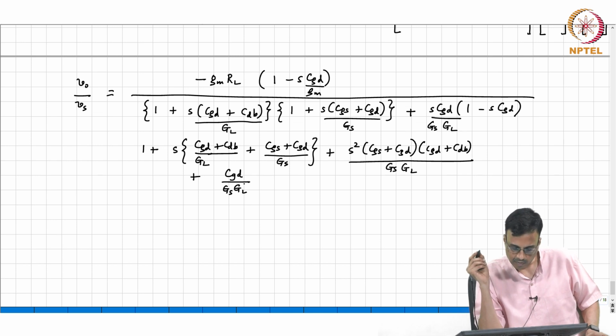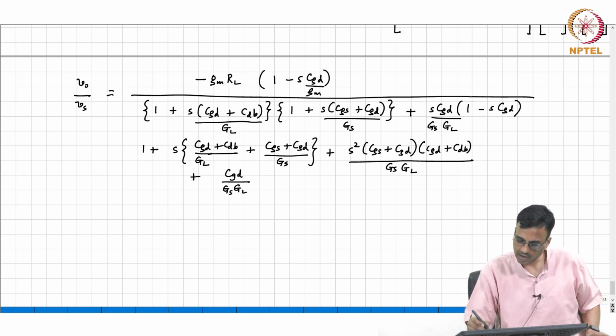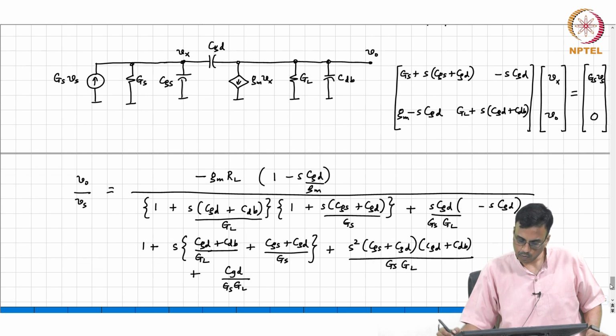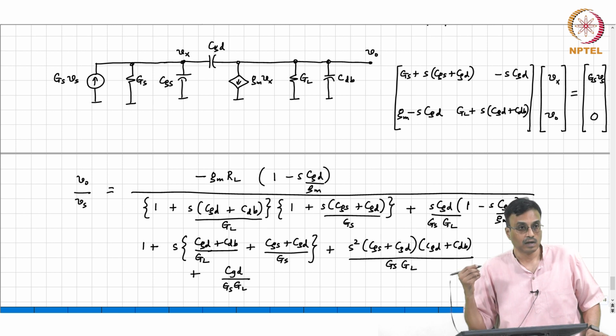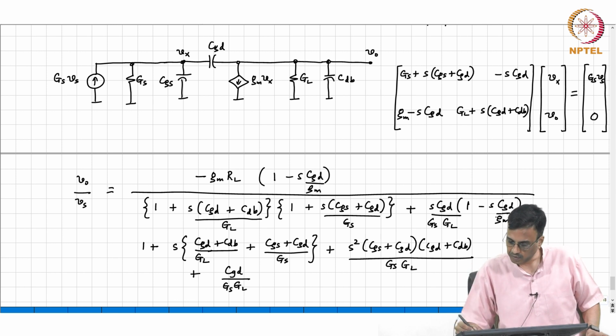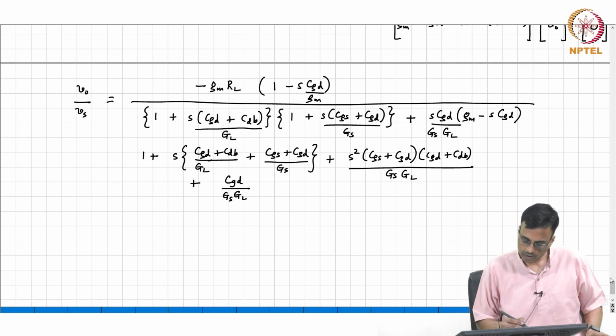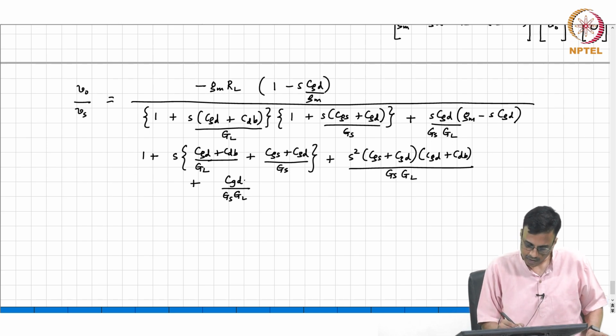I missed a factor somewhere, I think. Oh, this is GM minus SCGD, is it? But we removed the GM common, isn't it? So, this must be, isn't this? Oh, sorry. Okay. Sorry. All right. So, this is CGD times GM by GSGL.